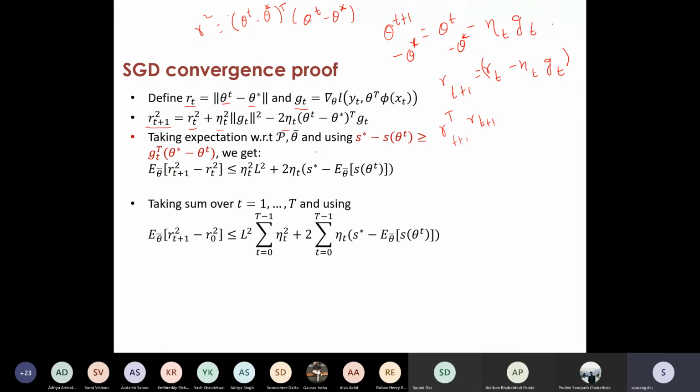Then you can get the right hand side by expanding. So the first step is clear.